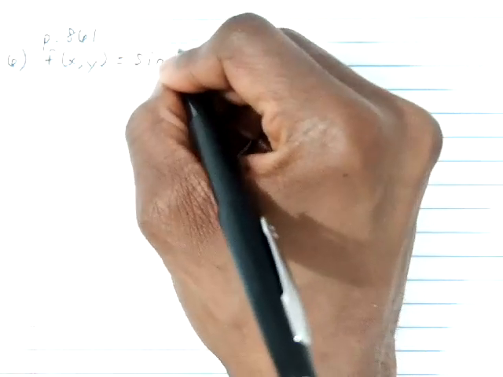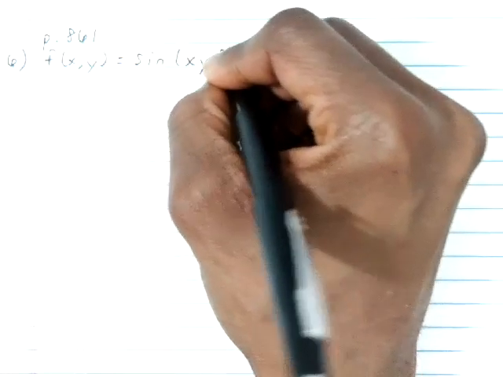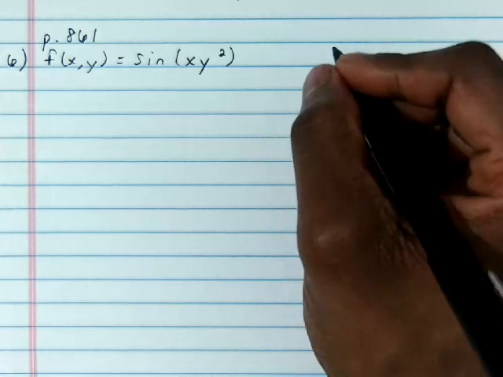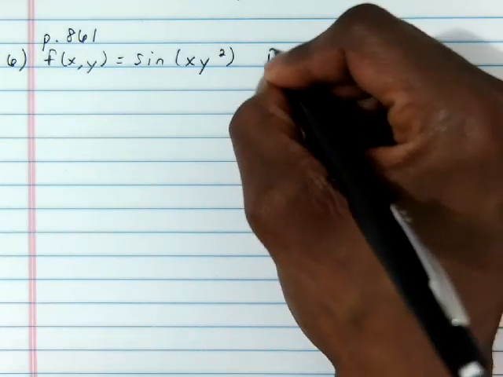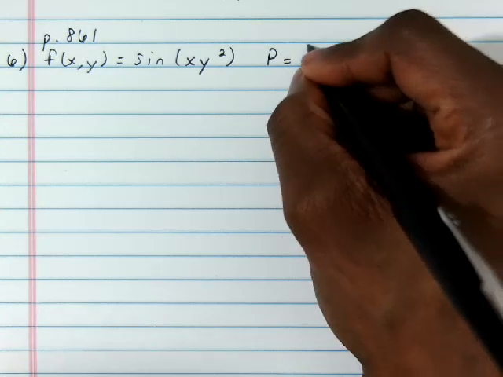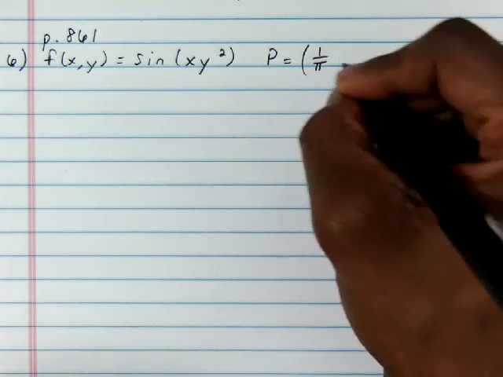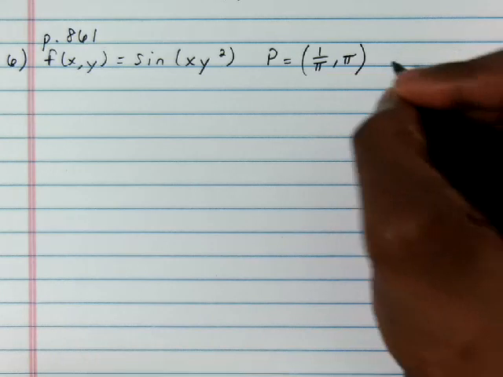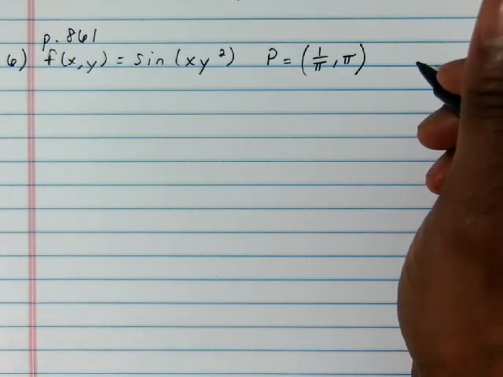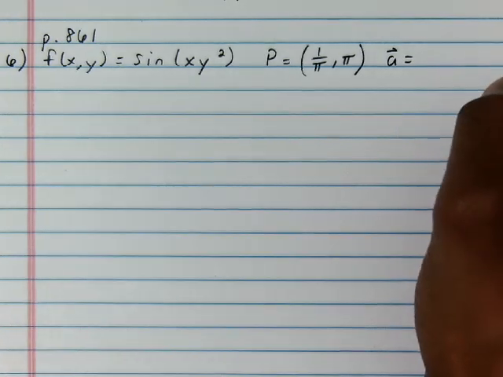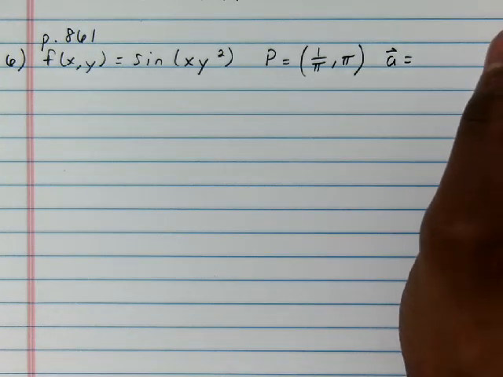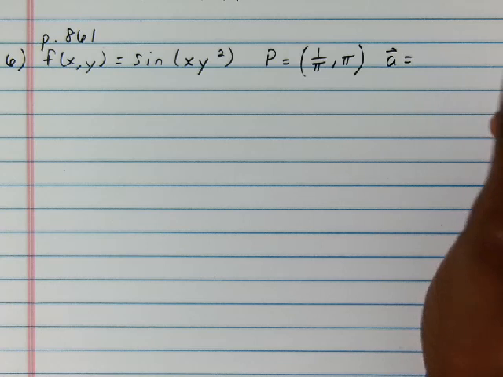They tell us that P equals 1 over pi comma pi, and that our vector A is equal to 1, negative 3.